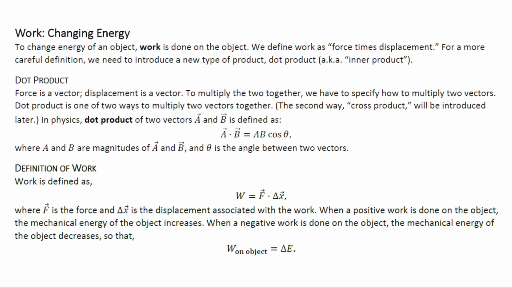Using this mathematical operation, pronounced A dot B, we define work as F dot delta X. That is, force dot producted with the displacement. The new mathematical operation takes some getting used to, but once you are used to it, this is a fairly simple product.